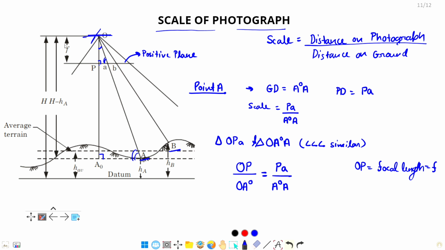The flight is moving at a height H from the datum. Datum means mean sea level. And point A is at a height HA, meaning the RL of A is HA. So what will be the height OA not A? You can easily see that OA not A is capital H minus HA.